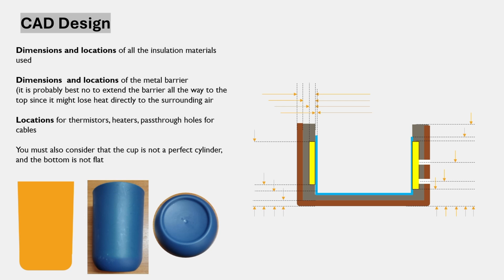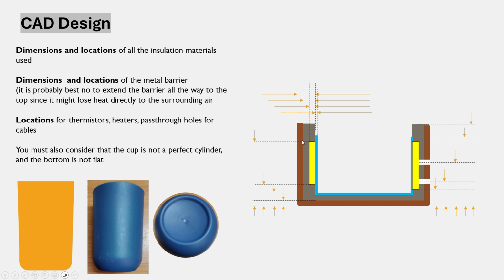First of all, dimensions and locations of all insulation materials. You're allowed to use as many materials as you want as long as the external dimensional constraints are met. For example, I'm showing 3 insulation materials here, and it could be more or less. There's this yellow, this light brown, and a maroon.